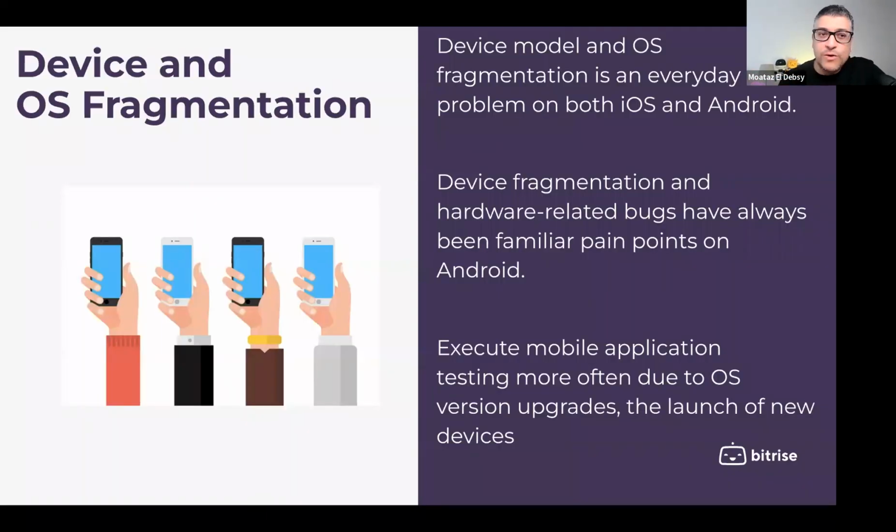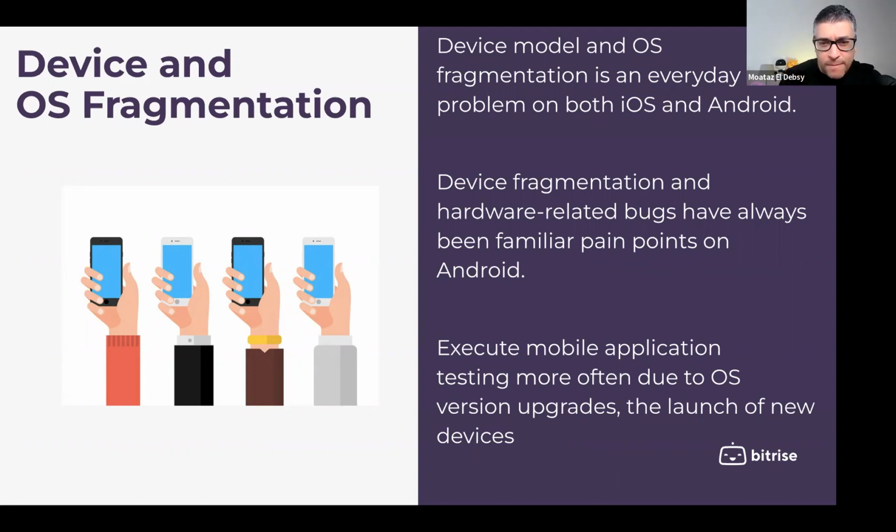Because as I mentioned, we should always test our application and its functionalities on different devices and with different OS versions, because it's a mobile app. We need to test at least on different Android OS versions with different devices as well, because sometimes test cases behave differently on different devices.